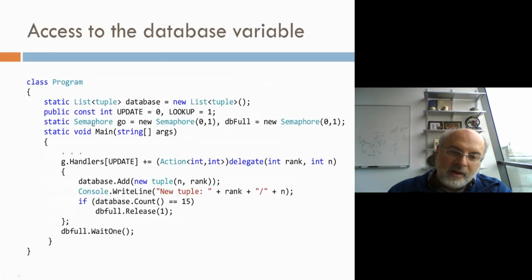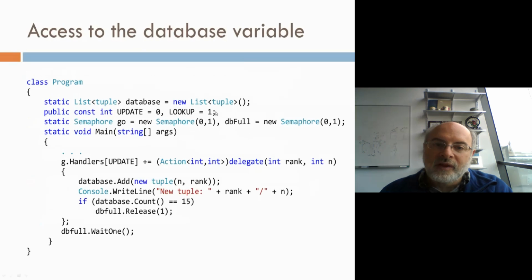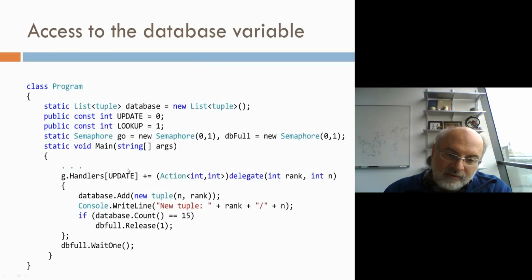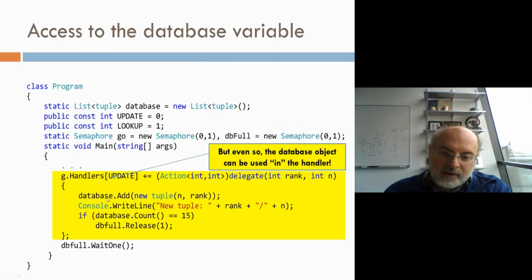So here's an example. In this piece of code, which has this thing called the database, here it is. It's a list of something called tuples. I declared it up at the top of my program and then used it inside this handler down here. You see database.add? That's a reference to something declared outside. In fact, it could even have been a local variable declared in the main method.